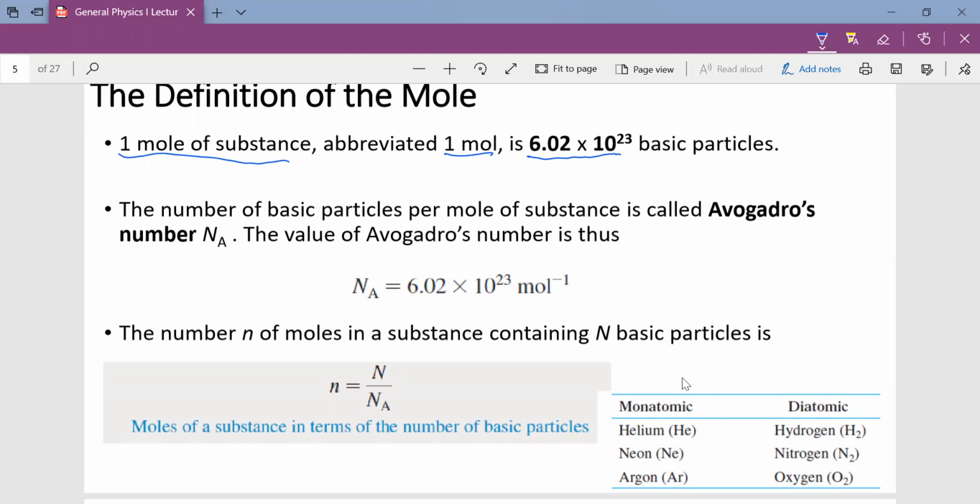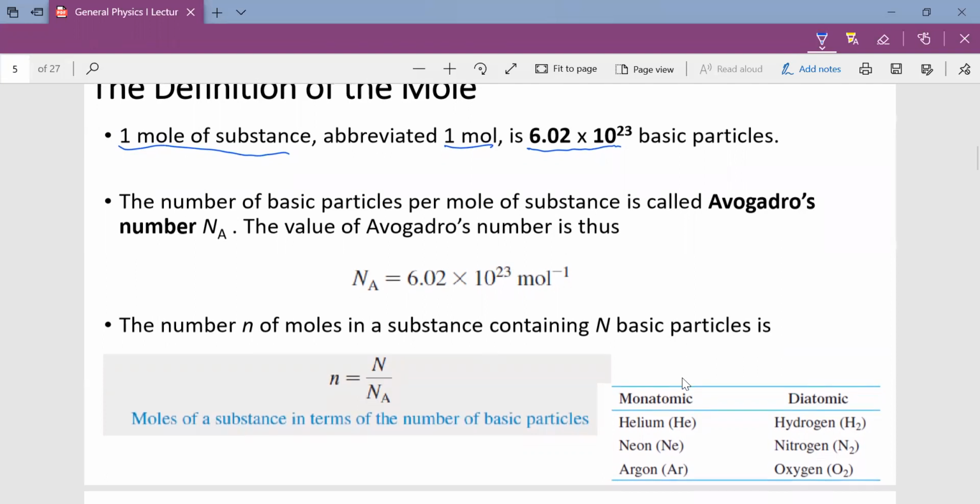The number of basic particles per mole in the substance is what we call the Avogadro's number. So this value is the Avogadro's number, and it's a constant value.